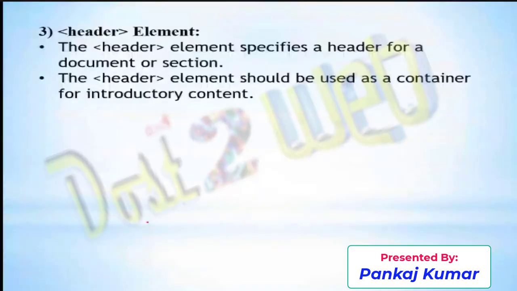article element. Then the header element: whatever you want to specify in the header section of a document or section, you define in the header, and this header element should be used as a container. That means the JavaScript file and CSS file you are going to define in the header section.